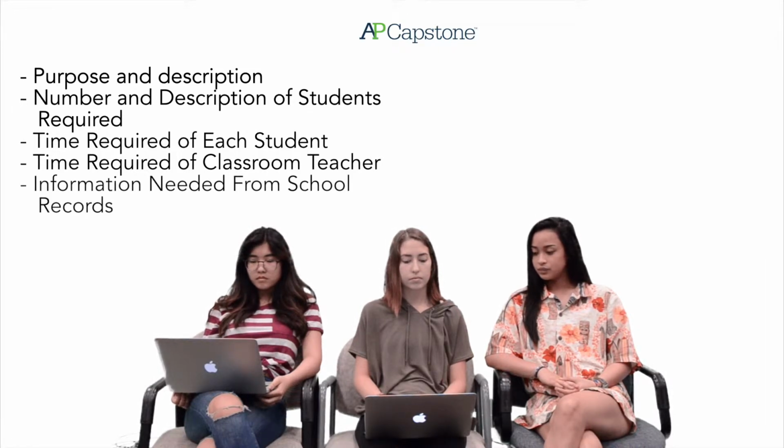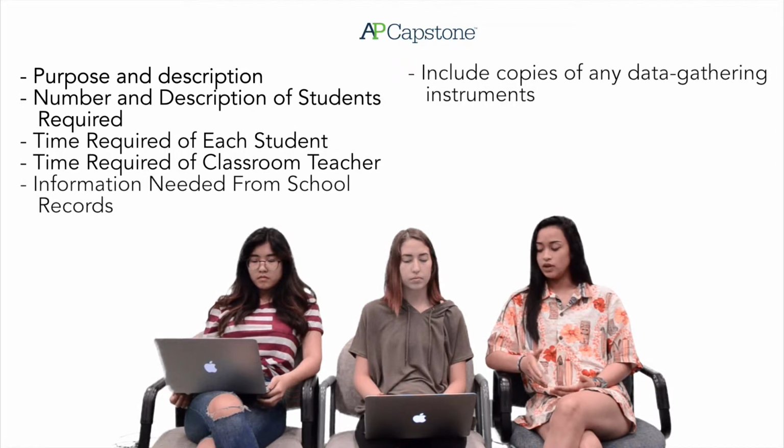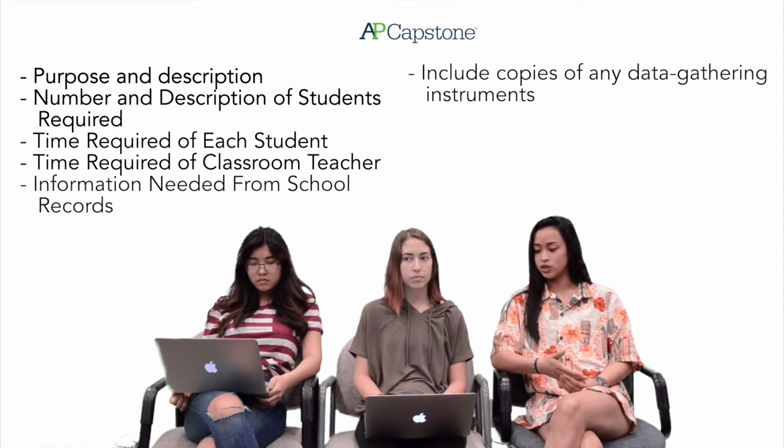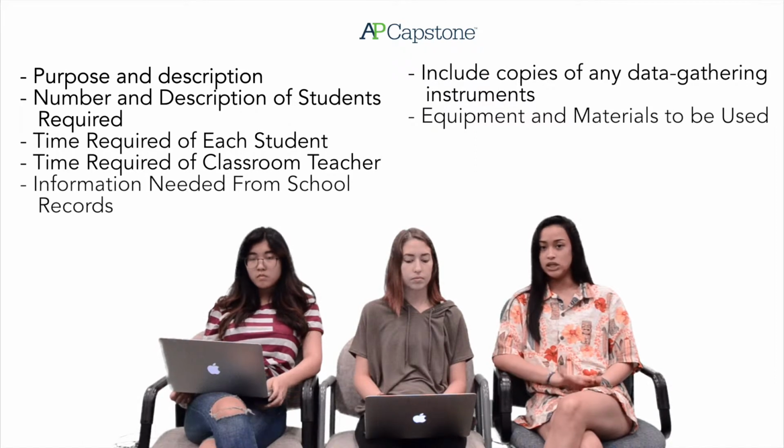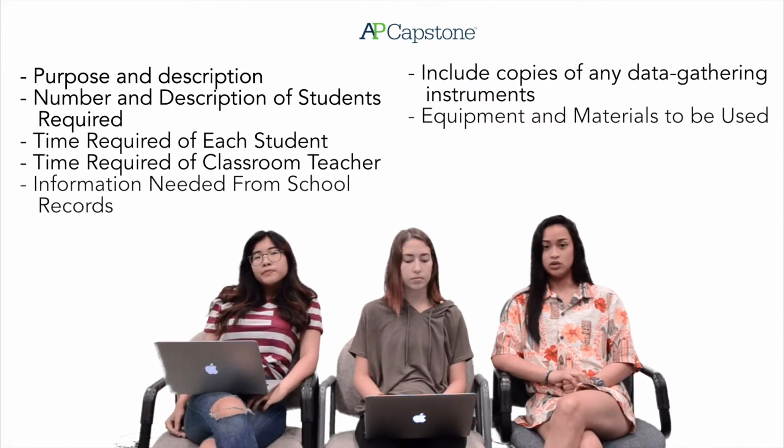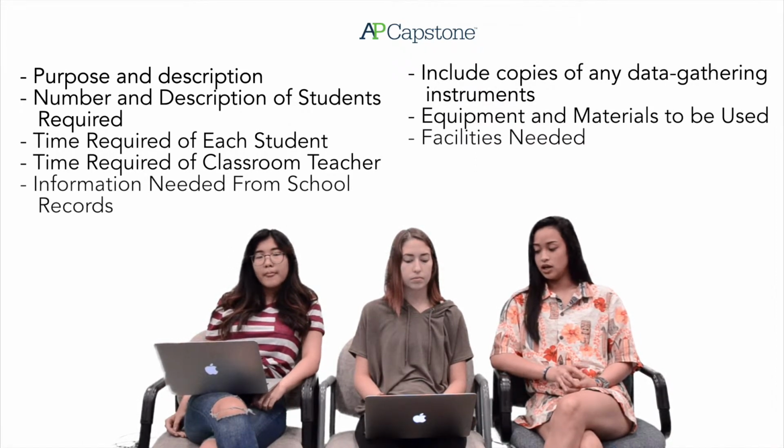And then you're going to need copies of any data gathering instruments. So that includes, like we said earlier, your survey and review questions. And then any equipment and materials you need or are going to be used in your research, and any facilities that you're going to need.